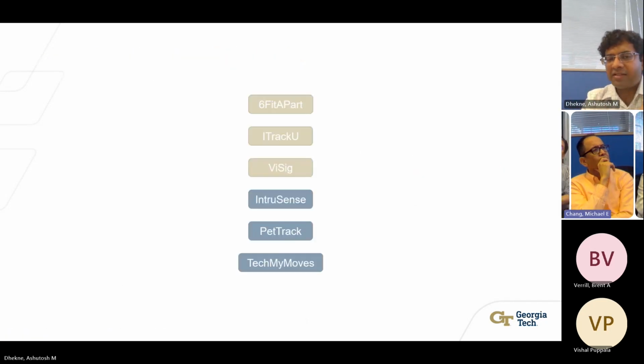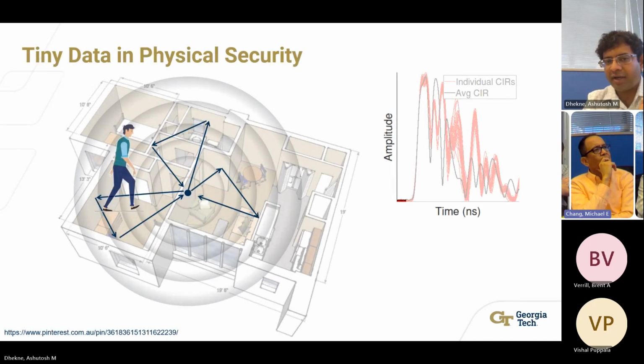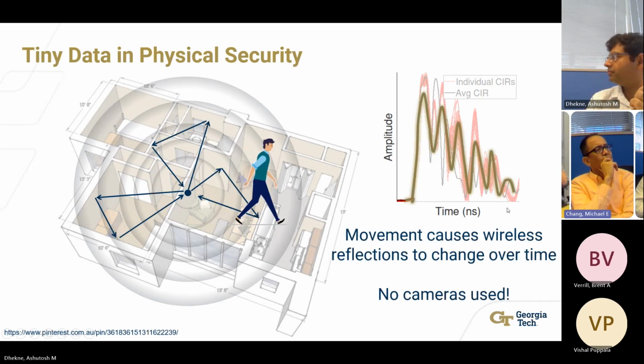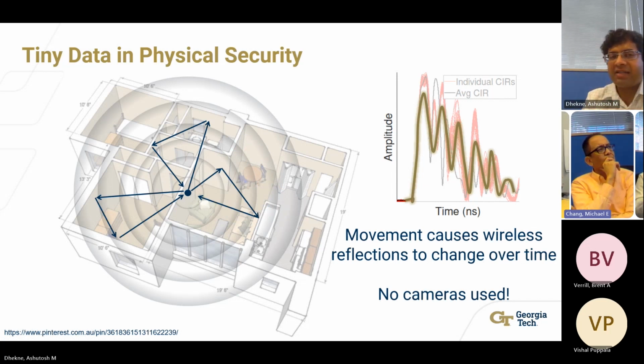But if there is somebody moving in the house, like this person who started walking, we start to see these reflection patterns change. This is something that your Wi-Fi access point observes, any wireless device observes as well, not just UWB, but with UWB, it becomes just easier to detect such changes.